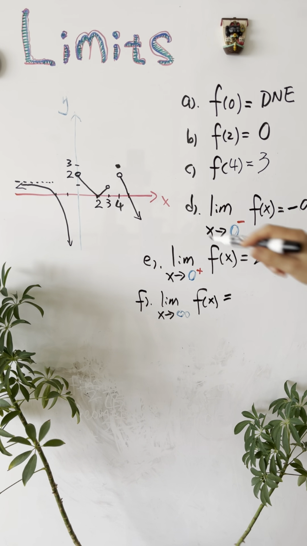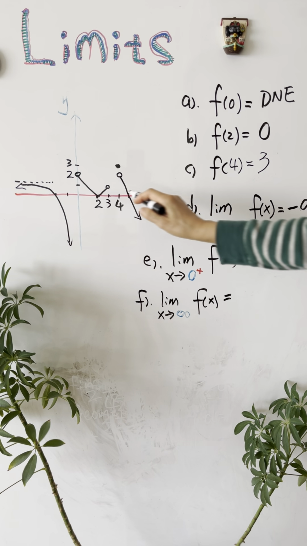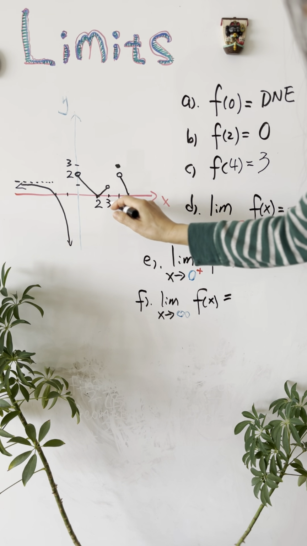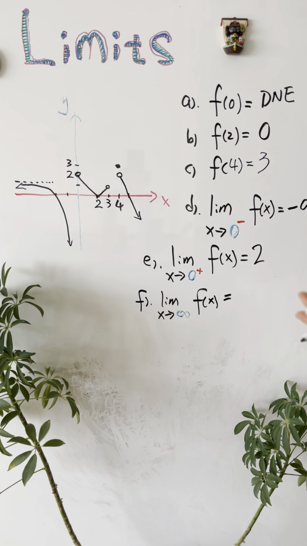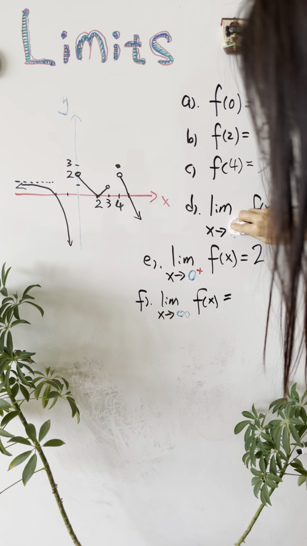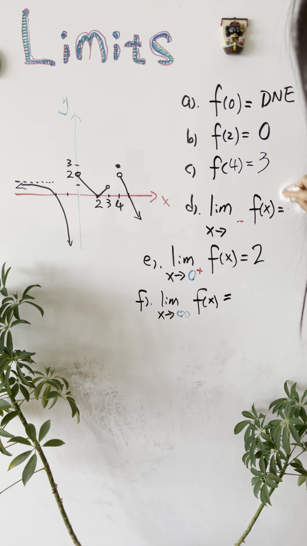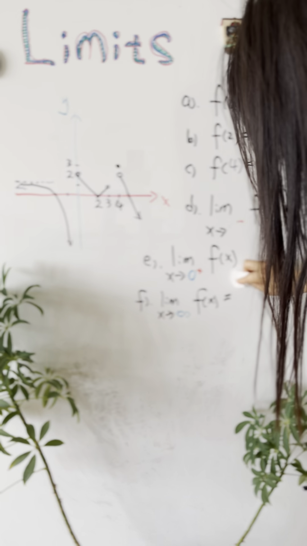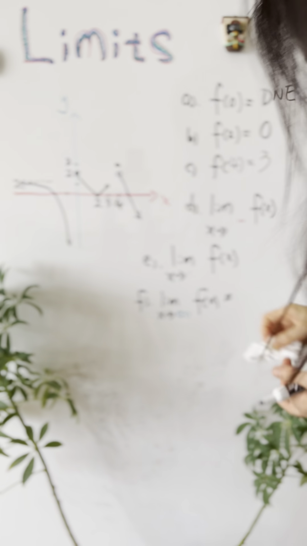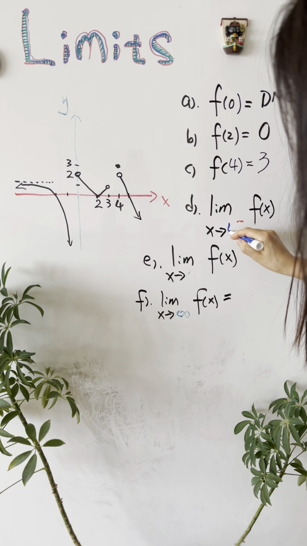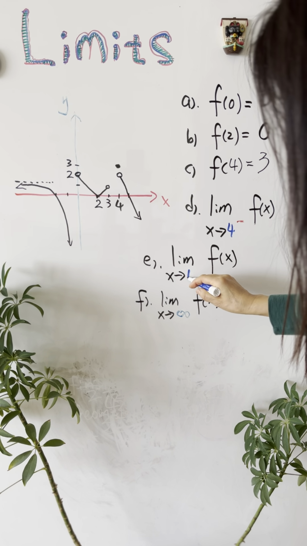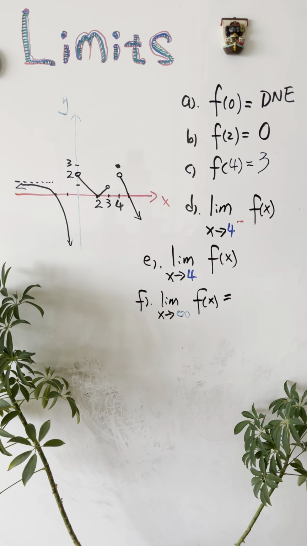And also we can talk about the limits at 3 and limits at 4. Right, let's talk about the limits at 4, from the left and from the right. Then x approaches 4 from the left, x approaches 4 from the right.